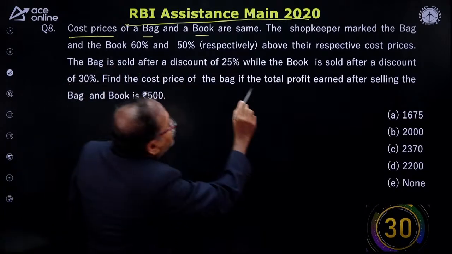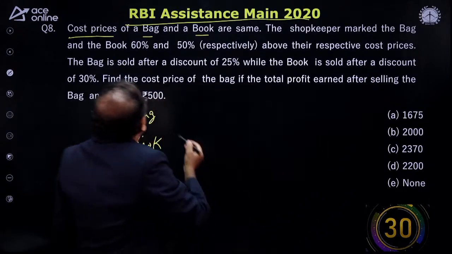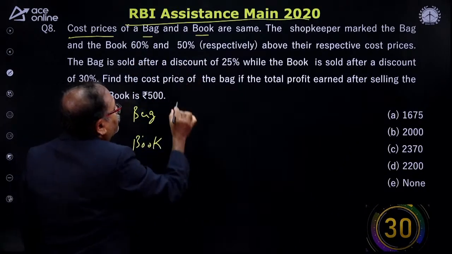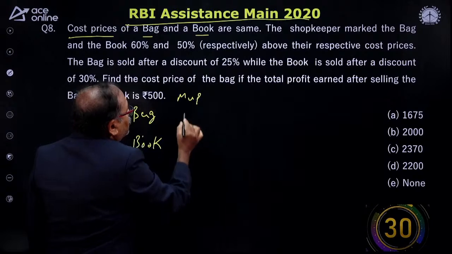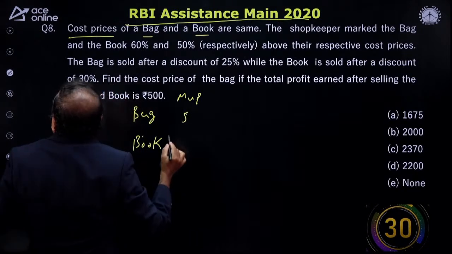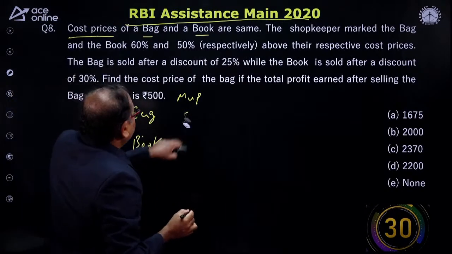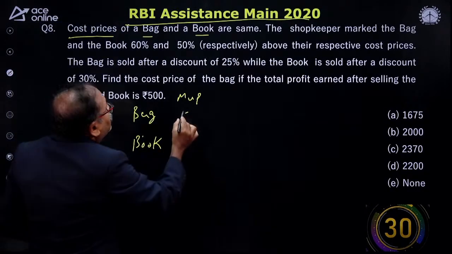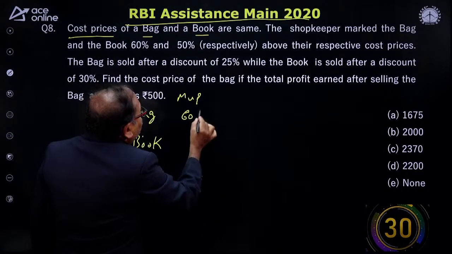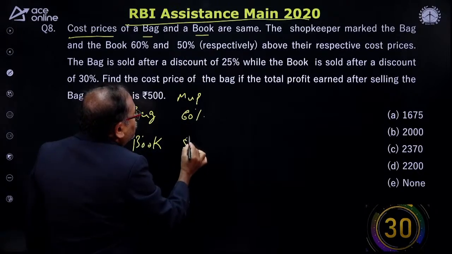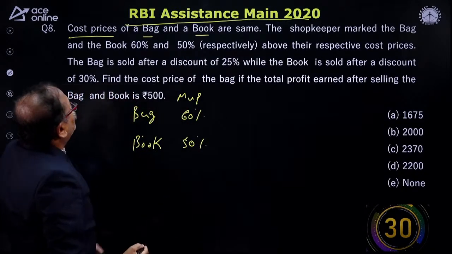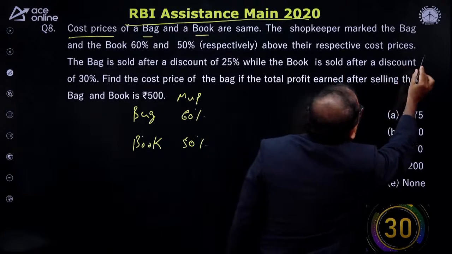The shopkeeper marked the bag 60% and the book 50%. Just listen to the question first: 60% is the markup of the bag and 50% is the markup of the book, respectively.